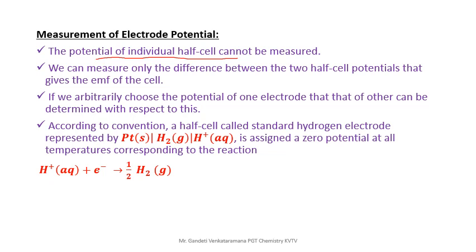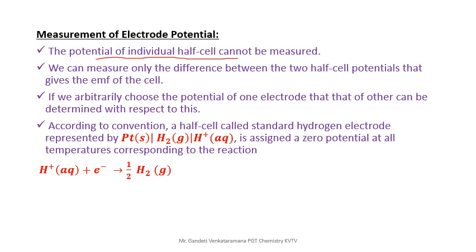The last point, according to the convention, a half cell called the standard hydrogen electrode is represented by Pt(s), H2, H+(aq). This is the half cell reaction. According to the convention, this half cell is called the standard hydrogen electrode.